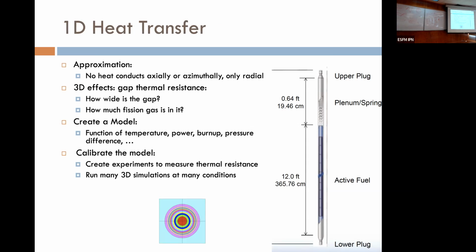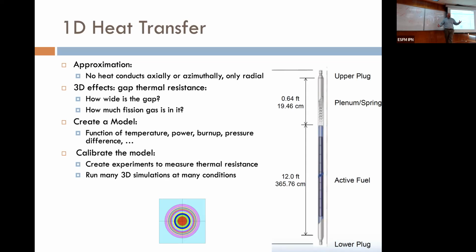So rather than try to solve that in full 3-dimensional space, where we're trying to mesh the entire fuel rod, the approximation that is made in the traditional codes is 1D heat transfer. So we say, you know what? The only thing the other physics care about is how much heat comes out the outside, the surface, and what was the average temperature of the materials inside.